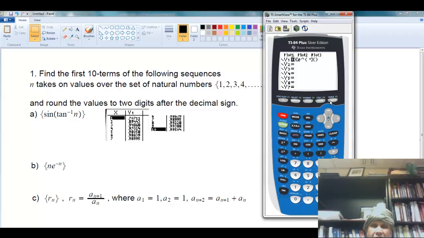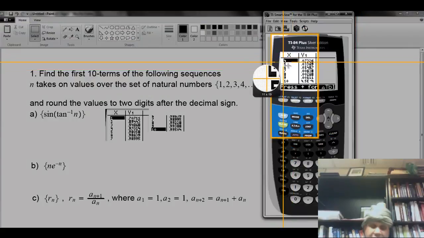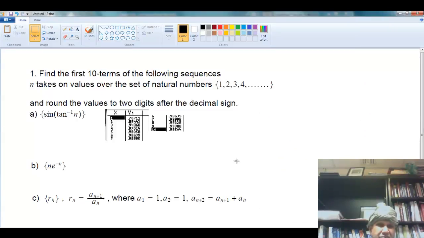Okay. Now for the other ones, the situation is easy because we can always do this. Let me save it.